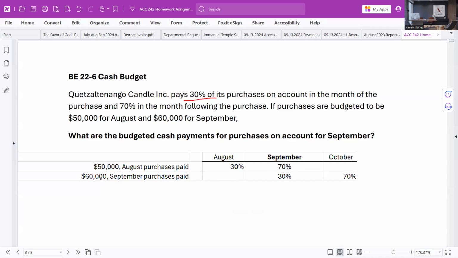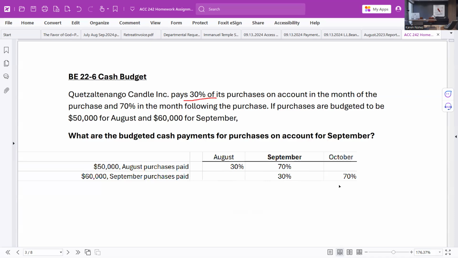And the 60,000 that they purchased in September, well, they're not going to pay all of that in September. They're only going to pay 30% in September, and then they'll pay the 70% in October. So that's their pattern, right? 30% in the month of purchase, 70% in the following month. That's how it's going to work out.